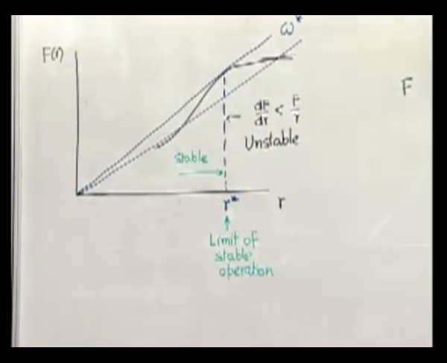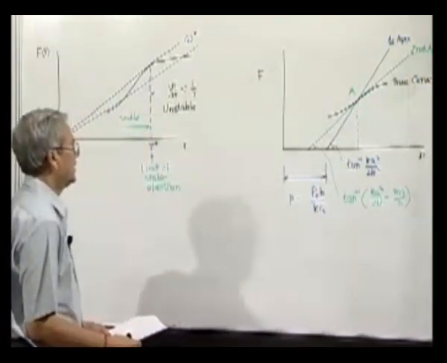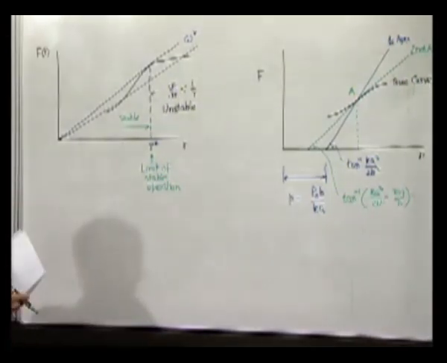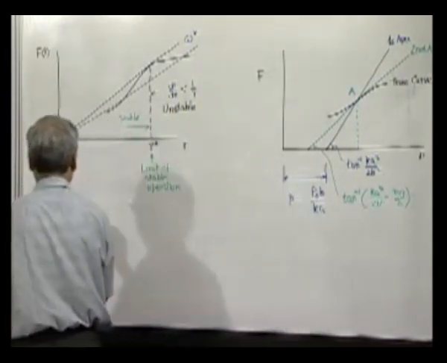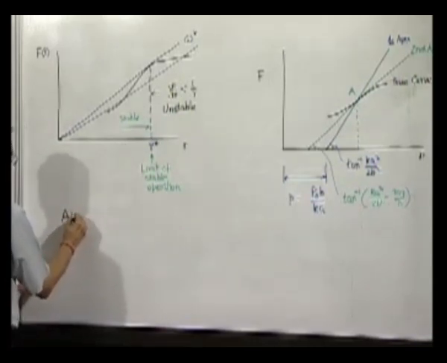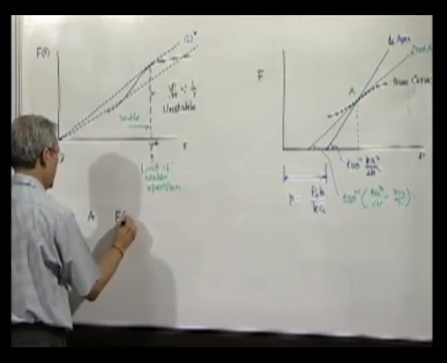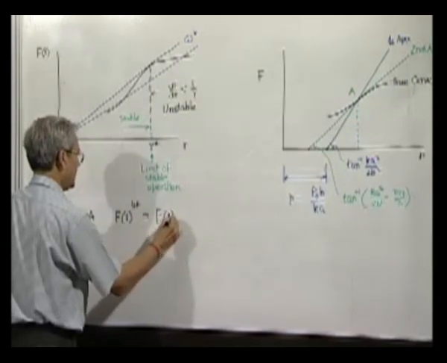Now one more thing we should find out from this is that this location of this point A means what? That the two curves, with first approximation and second approximation, give the same value. Now it is very clear that they will give the same value of the force when, for A, F R first approximation is the same as F R second approximation.